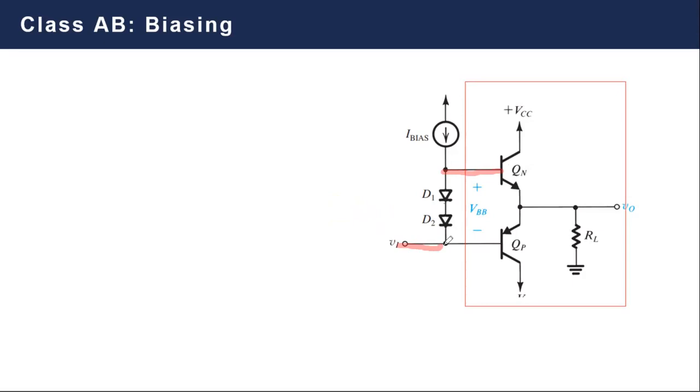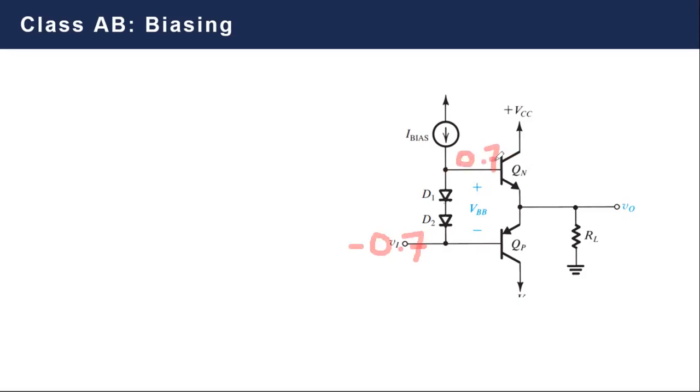So when the input equals 0 here, this point will typically equal 1.4, because the voltage here is higher than the voltage here by 2 V on. Even when the voltage at the input is negative 0.7, this point's voltage is still 0.5.